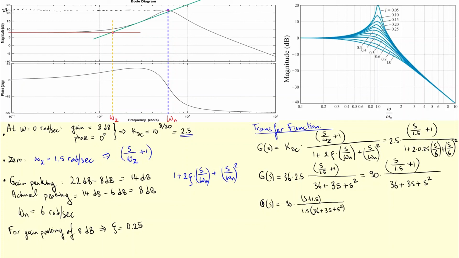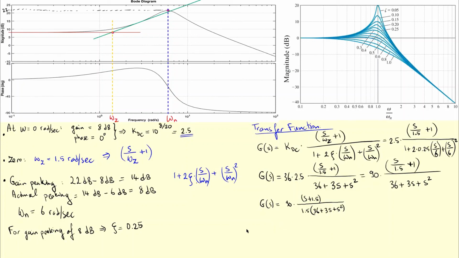Now, I can simplify this further by having 90 divided by 1.5, but that's just the coefficient of this transfer function. I leave the numerator as it is, and I will set the denominator from the higher order to the lower order. That is what is usually done.